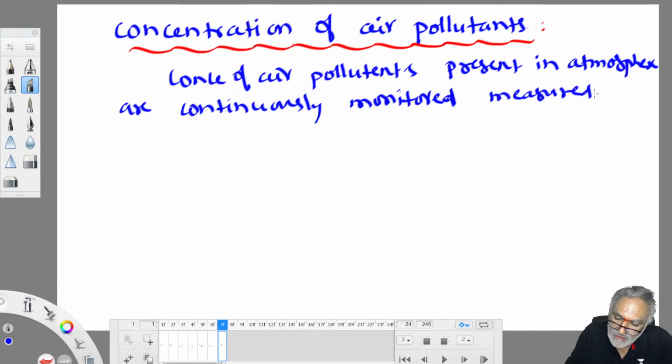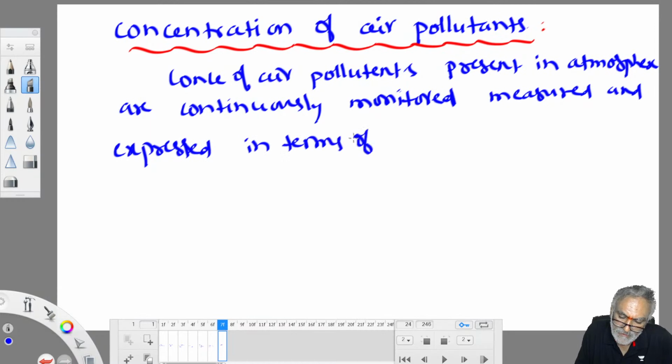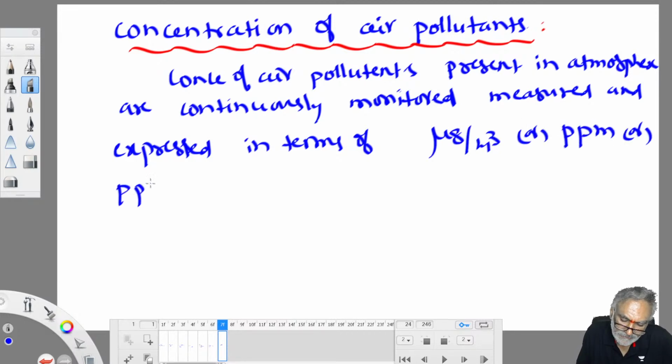measured, and expressed in terms of microgram per meter cube or ppm or ppb. ppm means parts per million, ppb means parts per billion.